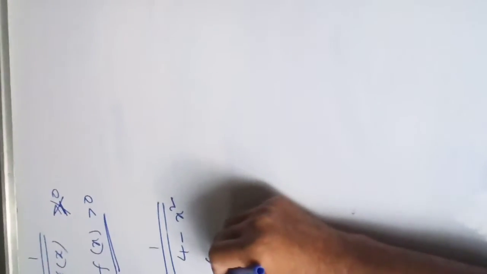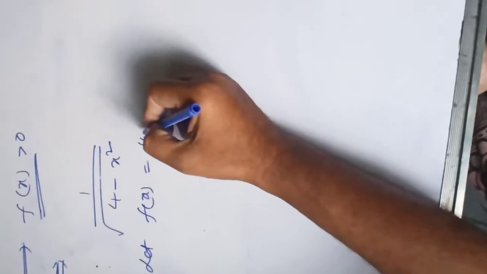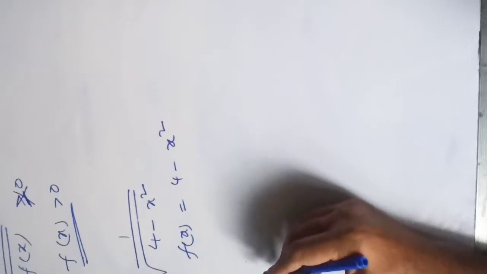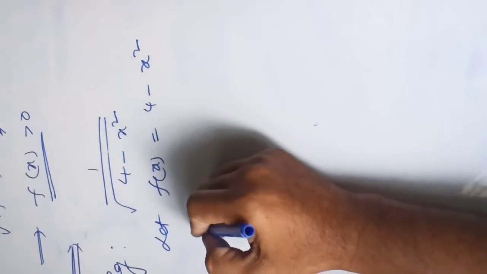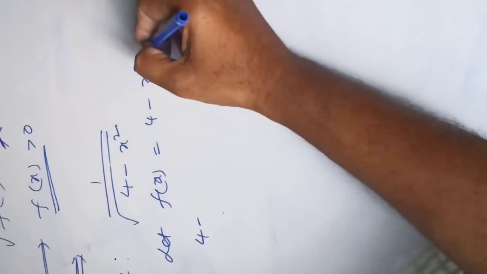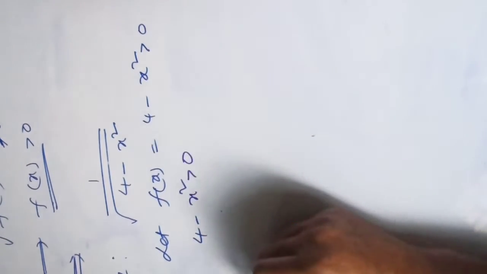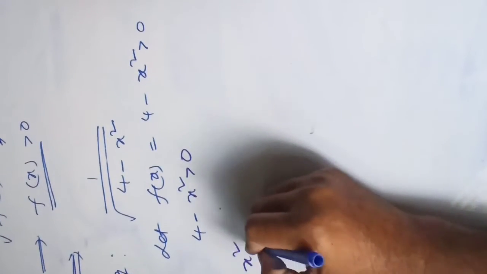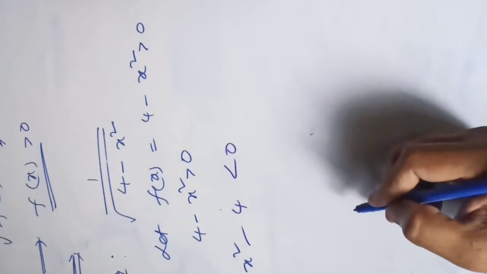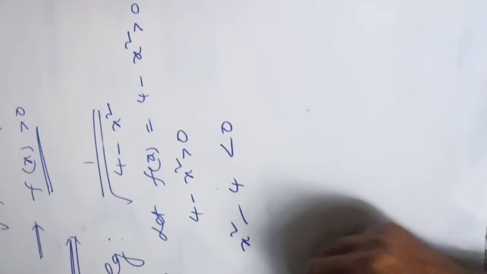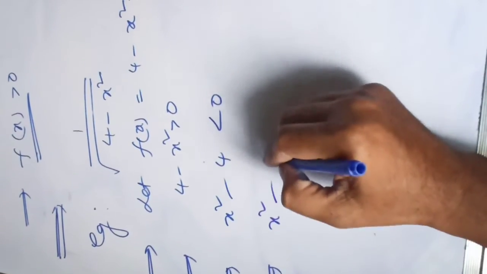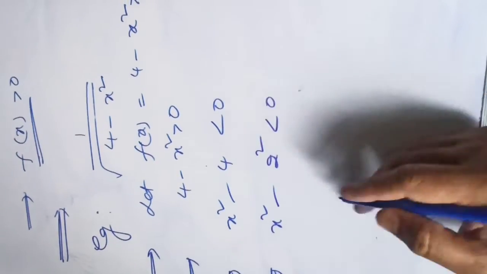Let f of x be 4 minus x square. So 4 minus x square is greater than 0. If you take the minus common, x square minus 4 is less than 0. So x square minus 2 square is less than 0.